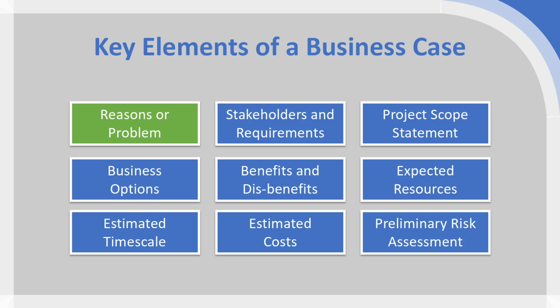And that has to be convincing. It has to be clear, logical, and lay out the reason why we need to consider some kind of response to this problem, or some kind of reason to actually do something outside of business as usual, outside of the normal operation, which is very much what a project is.